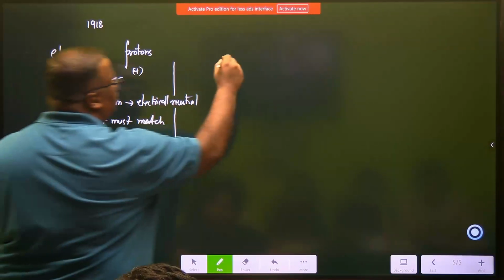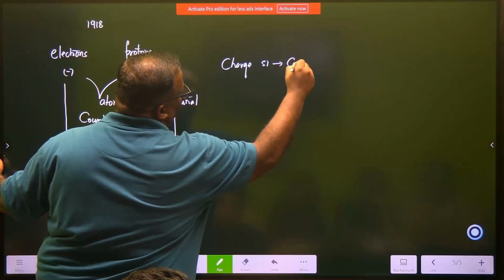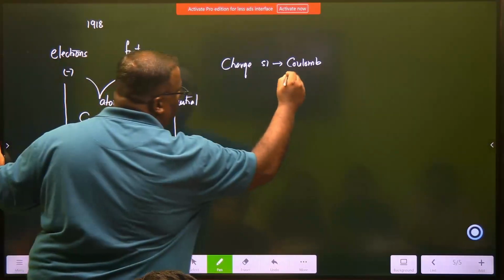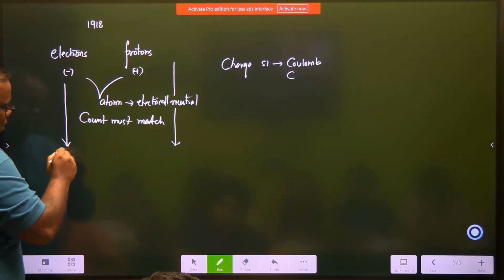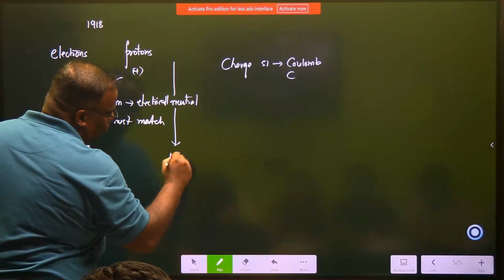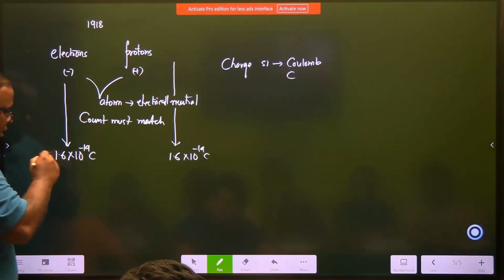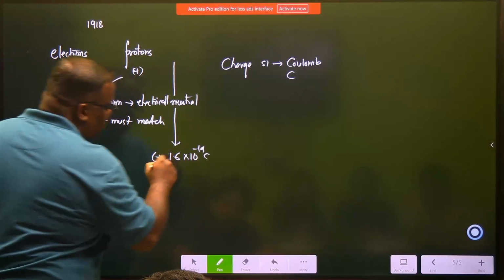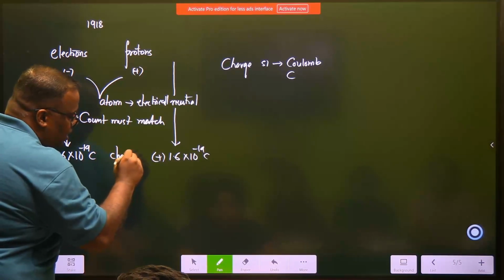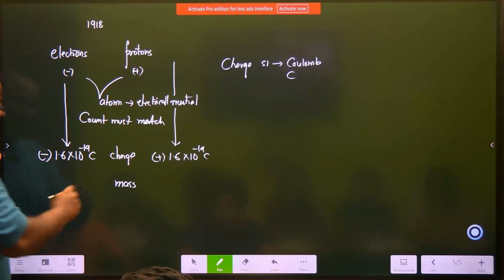When you study charge, the SI unit of charge is the Coulomb, named after the scientist Coulomb and denoted by capital C. The charge of an electron is 1.6 into 10 to the power minus 19 Coulomb. The charge of a proton is also 1.6 into 10 to the power minus 19 Coulomb. However, the electron is associated with a negative charge and the proton with a positive charge. Then comes the topic of mass.